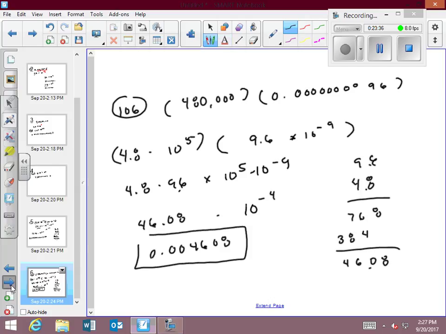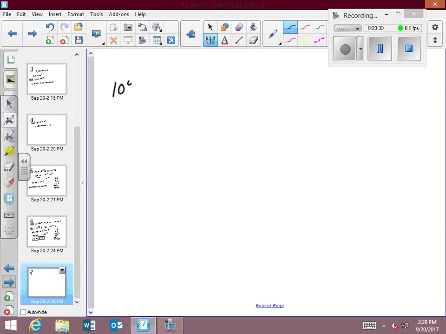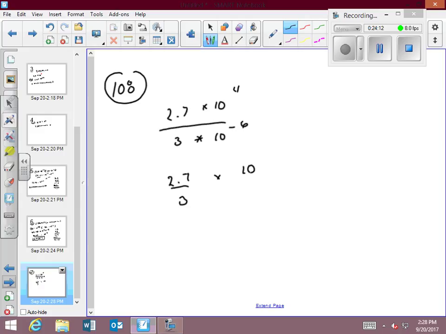So next thing we want to look at is 108. Here we've got 2.7 times 10 to the 4th over 3 times 10 to the minus 6. So what we can do is take 2.7 over 3 and get this base number, and in the numerator the power of 10 is going to be what? 10 to the 10?